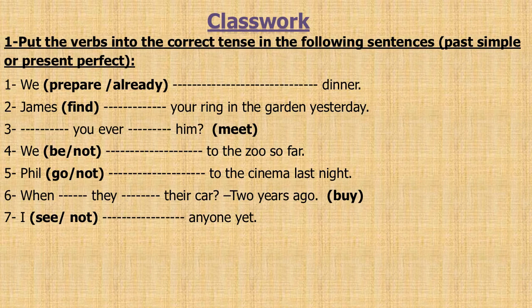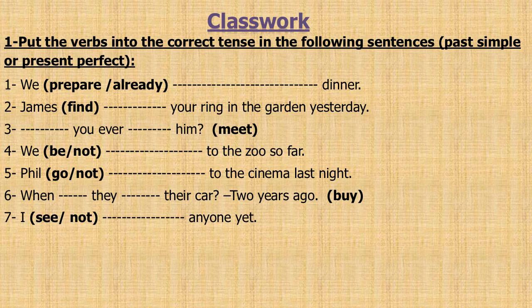Number 6, when their car 2 years ago is the answer. So here I have to form the question in the past simple. When, auxiliary verb of the past simple, did, when did they buy, verb infinitive.